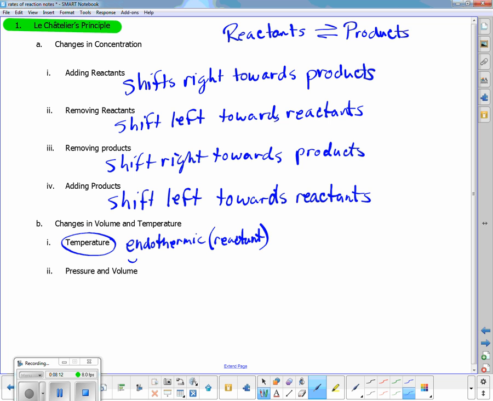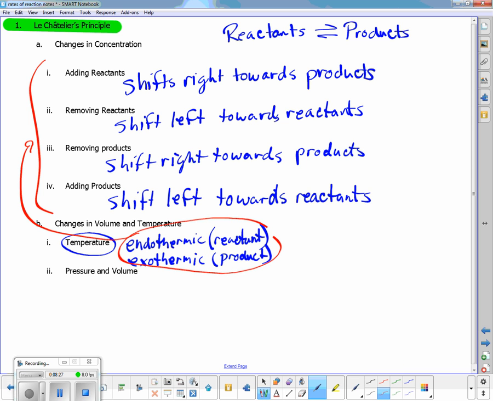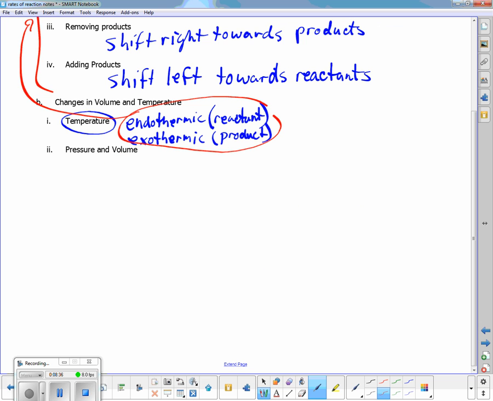And when it was exothermic, you treat this just like it was up here. You just need to know if heat's on the reactant or the product side, just like I said on the slide before.